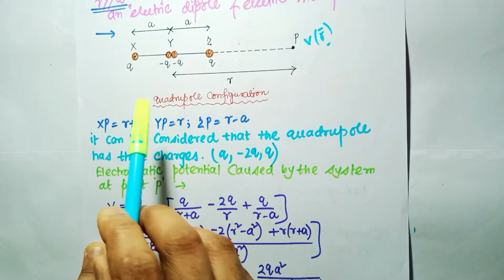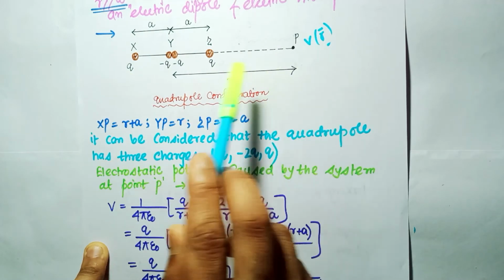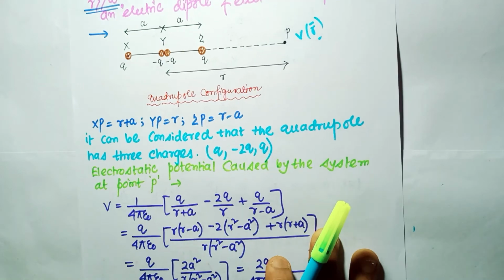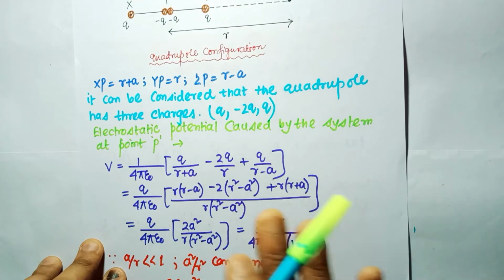For this charge the distance is r plus a. So V is equal to 1 by 4 pi epsilon naught times Q by r plus a, minus twice Q by r, plus Q by r minus a. The three different charges have three different distances.